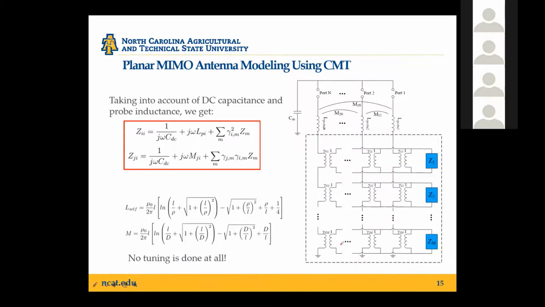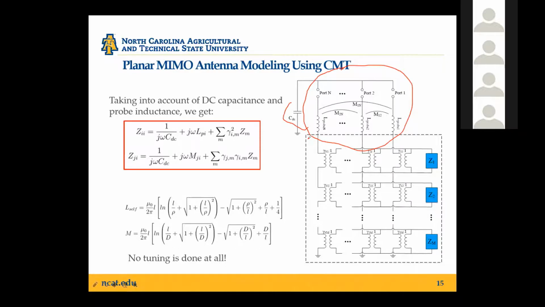The only extra things shown down here, and here as well, are the DC capacitance and the probe inductance. Remember, we modeled the patch antenna without including physical probes. So when you actually run the simulation in FEKO or any software, you have to include physical probes.